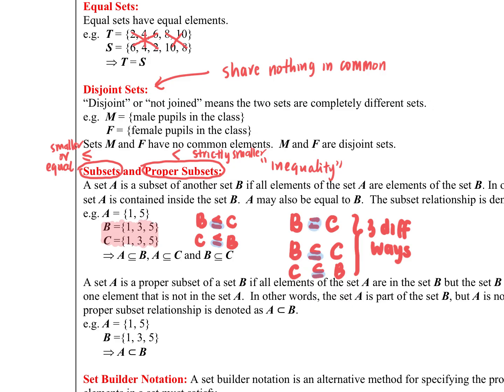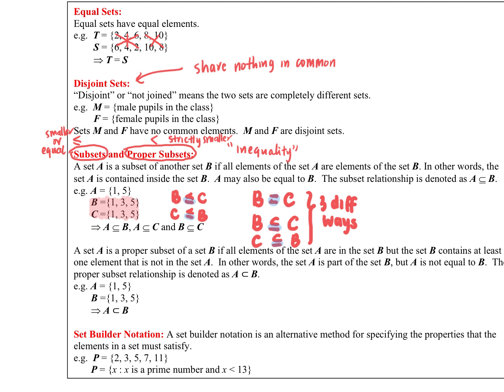But I cannot write A to be equal to B or C, because it is strictly smaller. Can you see that I have 1 and 5, but I don't have 3? So A is a proper subset of B. A is also a proper subset of C. It is strictly smaller because 3 is non-existent in set A. Just familiarize yourself with the language.